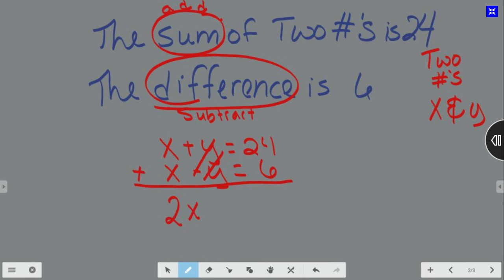That's why we called it by elimination. Equals, what's 24 plus 6? 30. All right, so now how do I solve? Divide by 2, okay. And x is equal to 15.